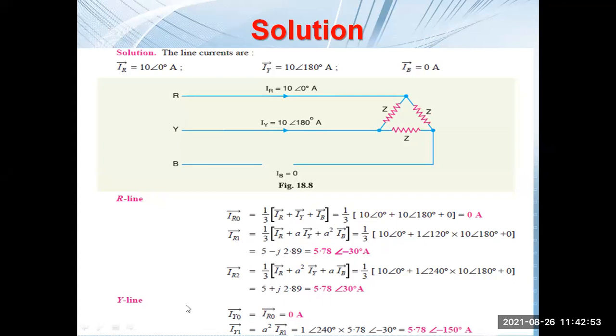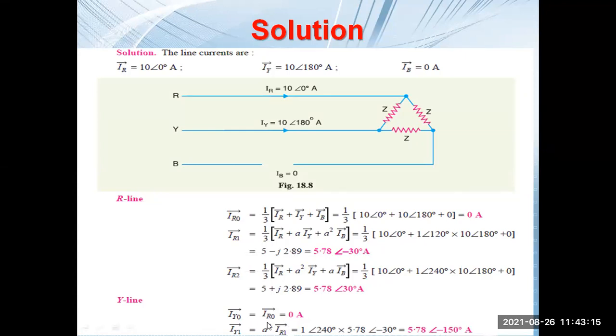Now, for Y phase, IY0 equals IR0. We know that IR0 is equal to 0 ampere, so obviously IY0 will be equal to 0 ampere, because the zero sequence components of all phases are equal: IR0 equals IY0 equals IB0.